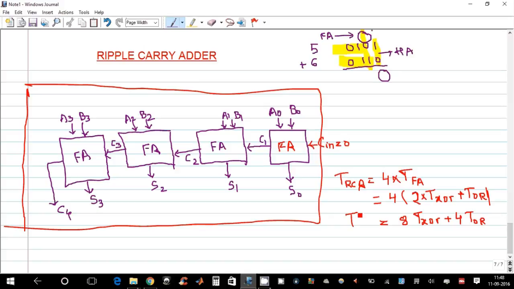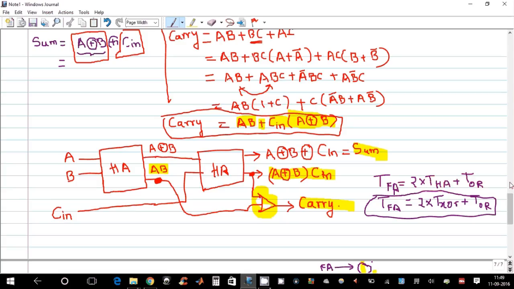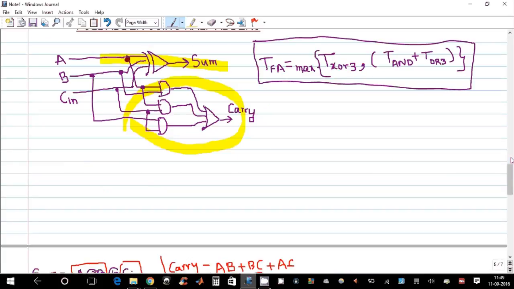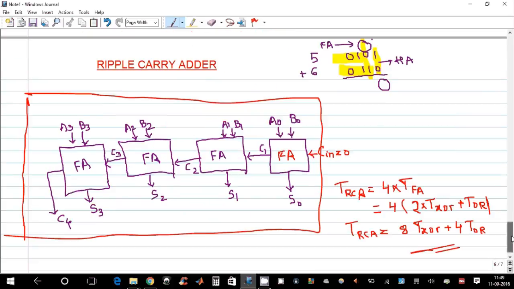So this is our expression of delay for the ripple carry adder. Or if you are asked to write the delay expression of this ripple carry adder in terms of 3 input XOR gate and 3 input OR gate, then you can use this expression here, and you just need to replace the delay of the full adder with the maximum of these two expressions, and you can substitute there.